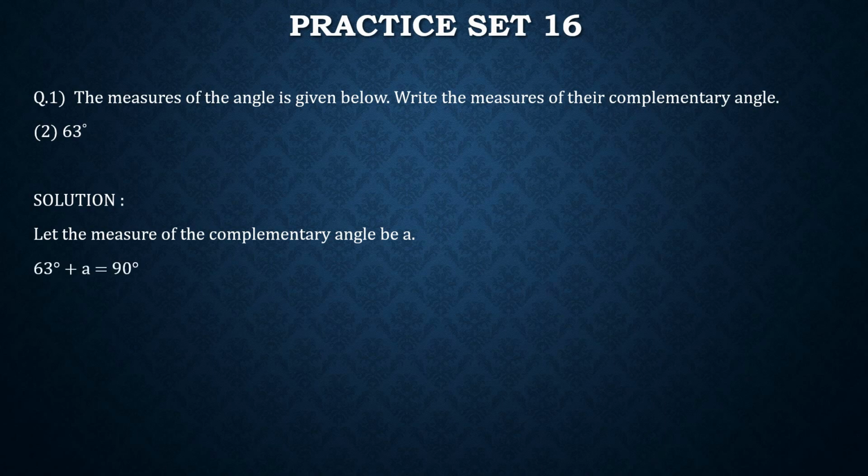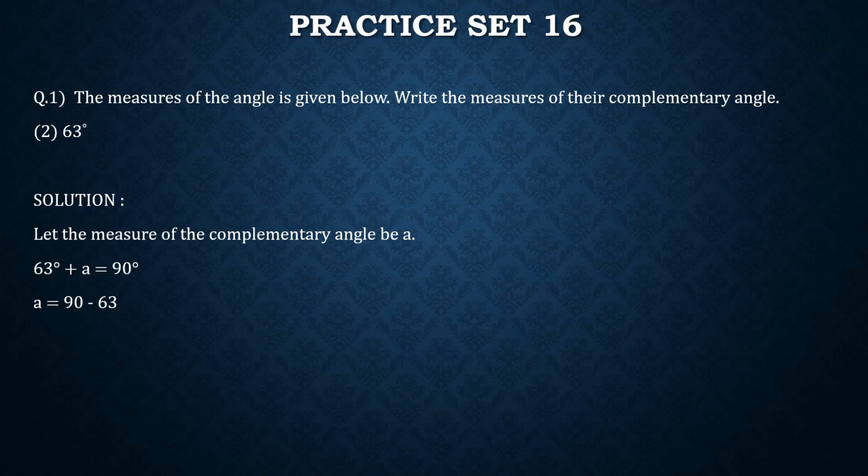Now we know that if the sum of the measures of two angles is 90 degrees, then those two angles are said to be complementary angles. So let us consider 63 plus A is equal to 90 degrees, because A is considered as the complementary angle of 63 degrees. So A is equal to 90 minus 63.